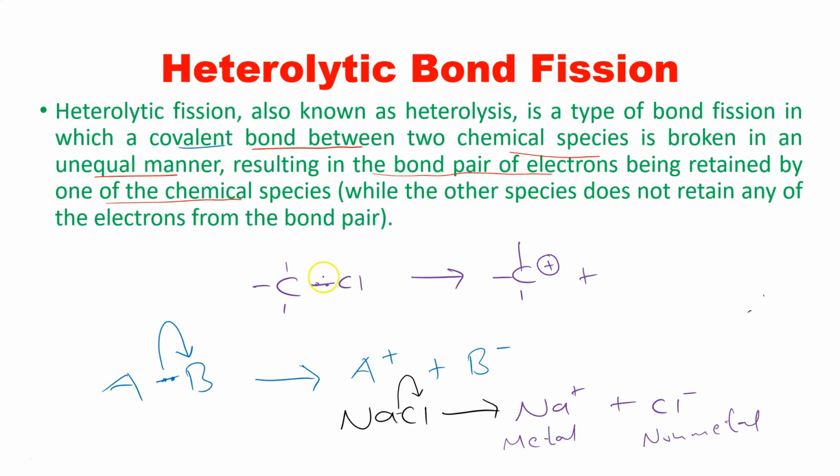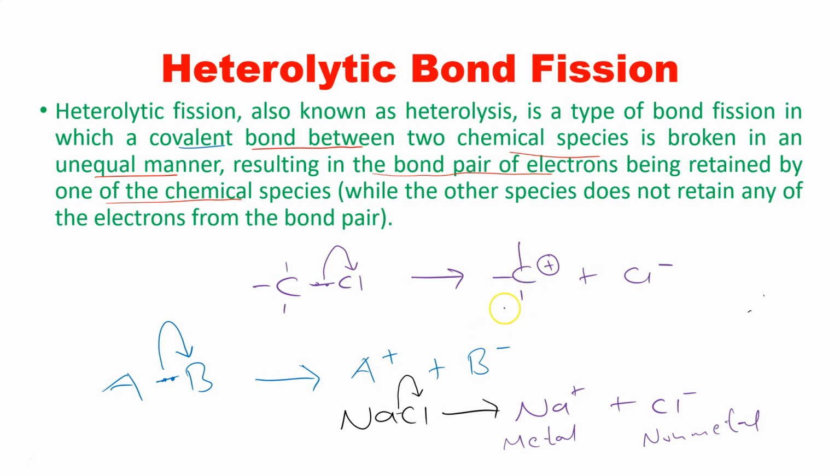Now definitely the lone pair of electrons will transfer to chlorine, and chlorine will become negatively charged, while in case of the carbon it will not retain the electron pair and it will become electron deficient.